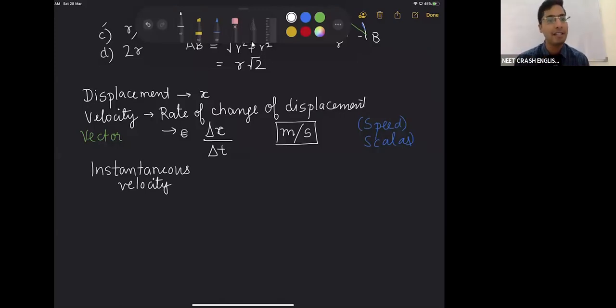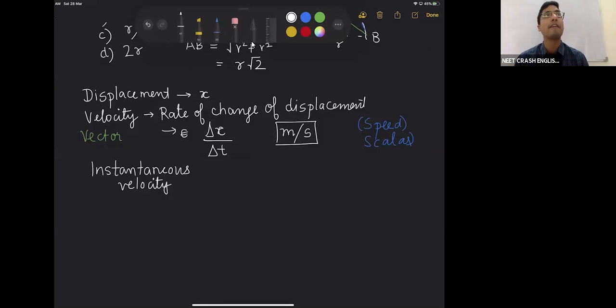Now what happens when there are lots of vehicles is that you cannot go at the same speed throughout. Let's say I'm trying to drive at 60 kilometers per hour. Or let's say I'm trying to drive at 10 meters per second or 20 meters per second. I cannot be at 20 meters per second at every point of time, right? For some time when there is less traffic, I can go at 40 meters per second. For some time, I can go at 20 meters per second. For some time, I'll go probably at 5 meters per second.